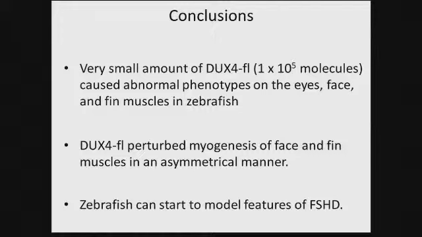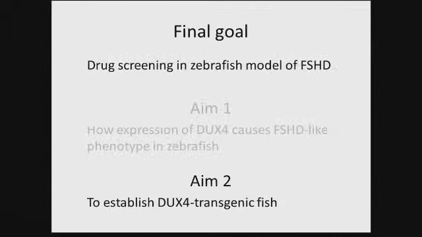So conclusions: very small amounts can cause abnormalities of the face, eyes, and fin muscles. DUX4 perturbs myogenesis in the face and eyes, and zebrafish can start to serve as a model for muscular dystrophy, for FSHD.